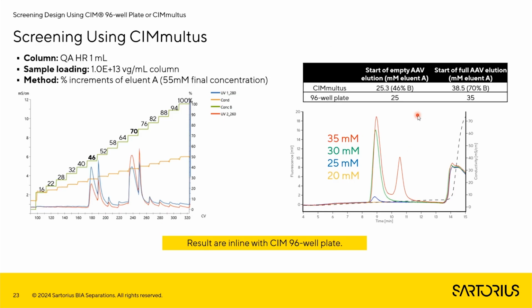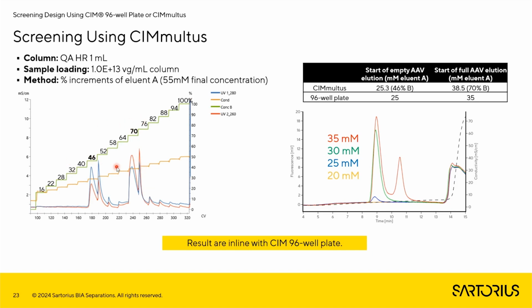The same thing could also be done with a different approach, where we load per column and do a single column estimation. In this case, we went with a 1 ml column loaded at 1E13 vector genomes per milliliter, and then we increased eluting agent A by gradual increases. We can see that it starts eluting around 46% of pump B, and the full starts to elute around 70%, and then it lingers on a bit.